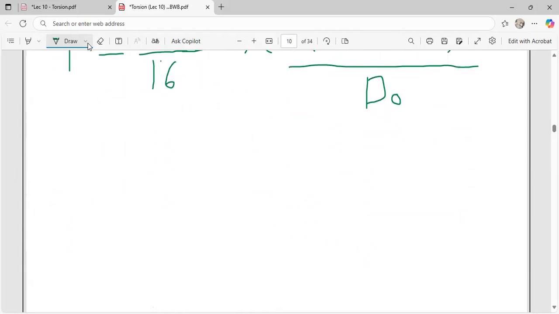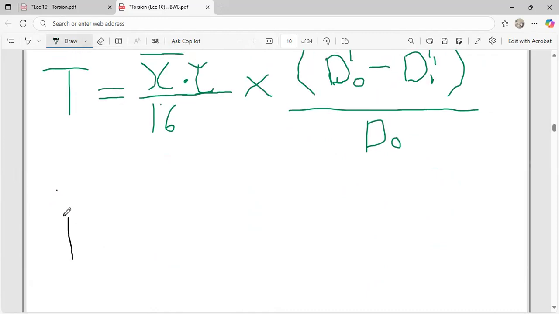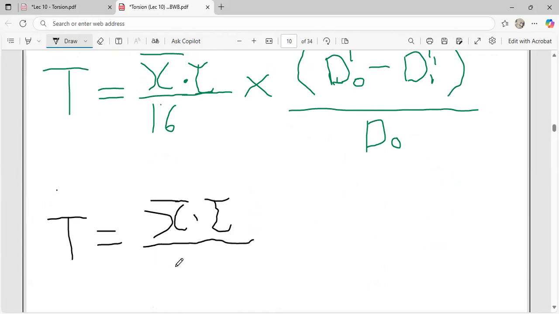Just take a close look at how I'm going to change the subject. This is also the same as this. Don't get confused at all. With the laws of indices, I'm just trying to play with the symbols to see which one we can make the subject. This is also the same as this, multiplying the external diameter.